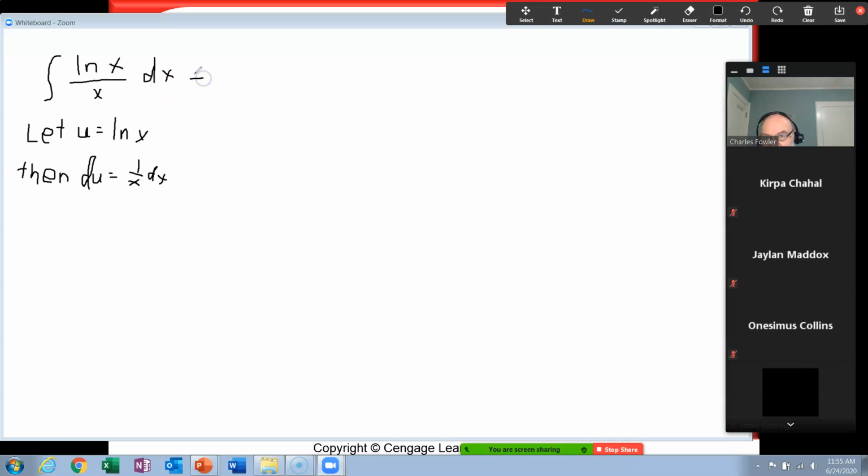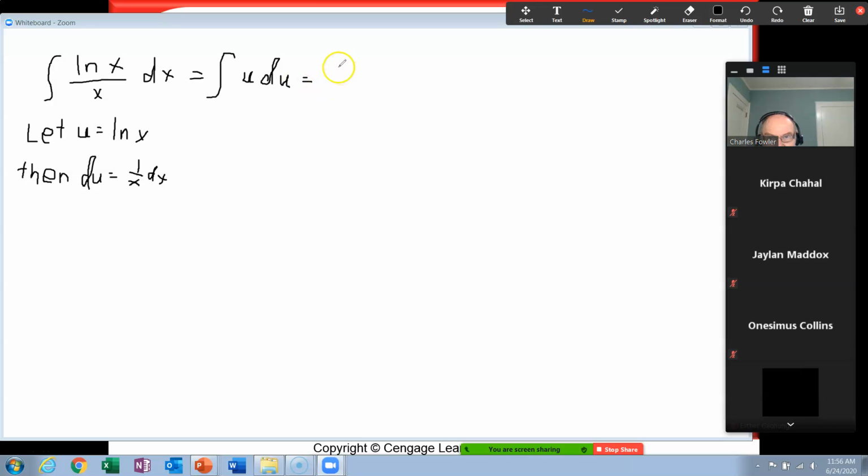So this substitution is going to be the integral of u du. And that's actually easier than the last time. Because what is that? The antiderivative. Please, somebody knows this one, I'm sure. What is it? Power rule.